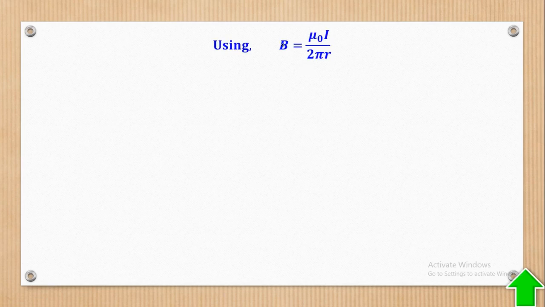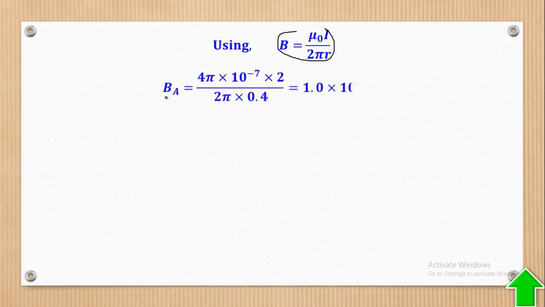So now we need to code the formula for magnetic flux density, which is that. Therefore, for BA, we shall substitute this one is a constant and it's known, 4 pi exponent -7. Then current was 2, it was given in the question. This 2 pi is maintained since it's there on the calculator, and the radius is the distance, which is 0.4 meters.